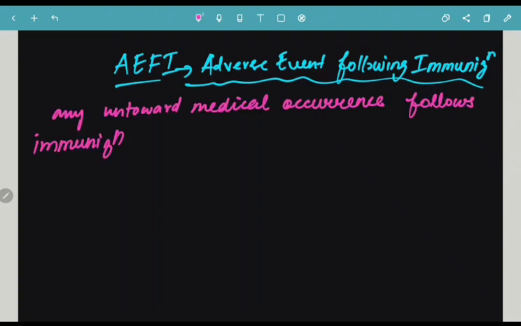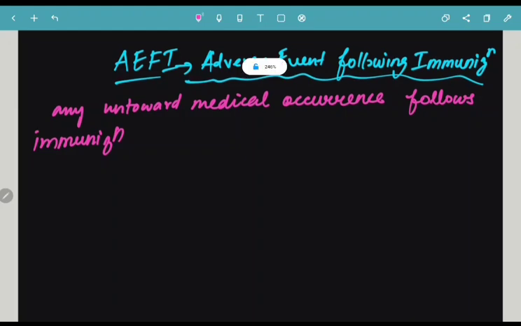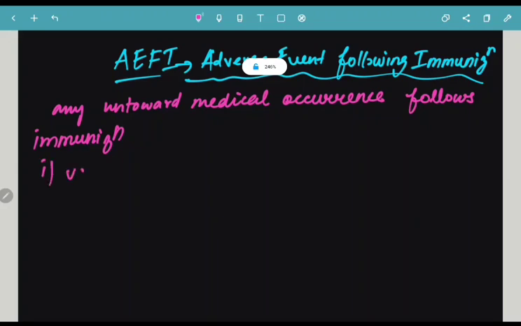Any untoward medical occurrence following immunization which does not necessarily have a causal relationship with the usage of the vaccine. Now there are cause-specific types of AEFI, and let's look at each of the definitions. The first one is vaccine product related reaction.